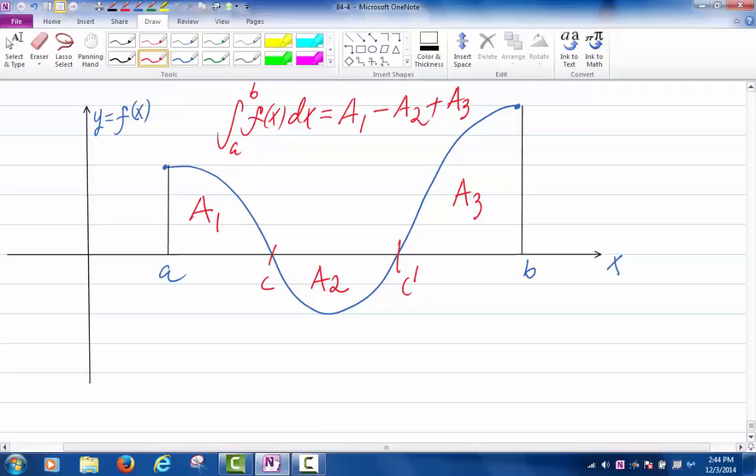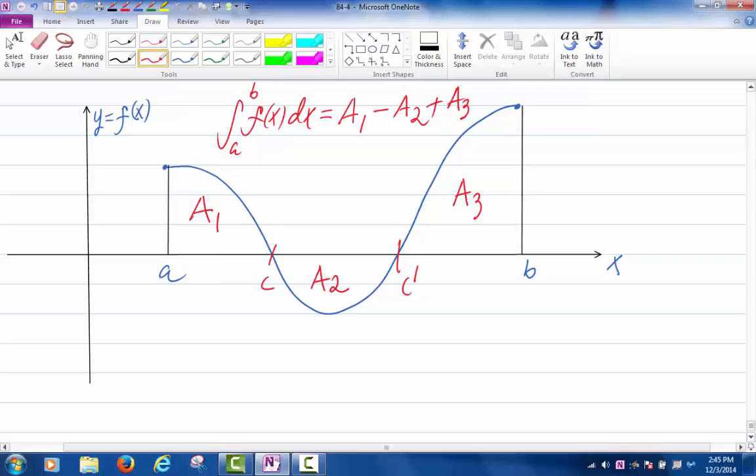I'm going to define a couple of areas here. The area below the graph of f above the interval from a to c is A1. Between c and c prime, this region, I'm calling the area A2. So A2 is the area above the graph below the interval from c to c prime, and A3 is the area below the graph above the interval from c prime to b.